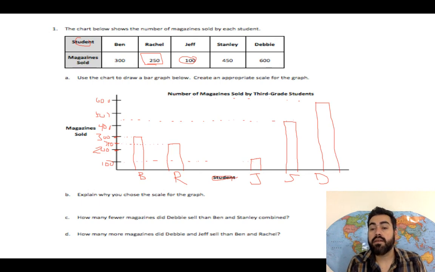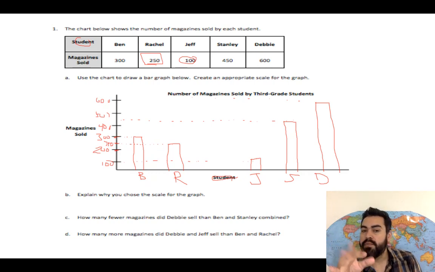So just a quick visual. Even though I just came across this graph and haven't taken the time to really interpret it, I say, okay, those are magazines sold, those are students. Oh wow, look at Debbie. She sold a lot. We know that Jeff and Rachel and Ben might need a little help.